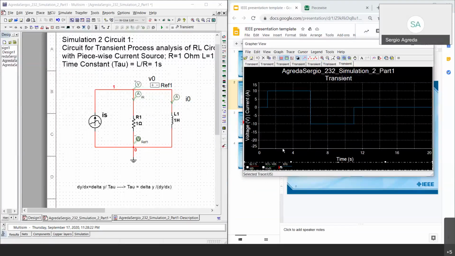If it was constant, it wouldn't behave as well as you would like, especially for this assignment, since this assignment wants you to have a pulse response. This is what the pulse response of a circuit with a pulse input would look like.